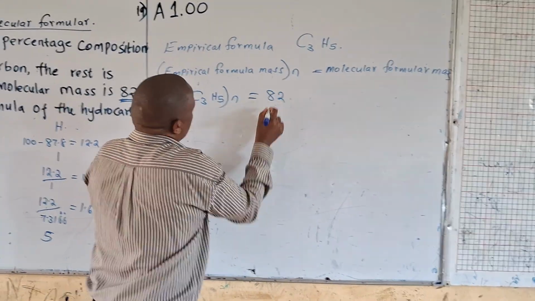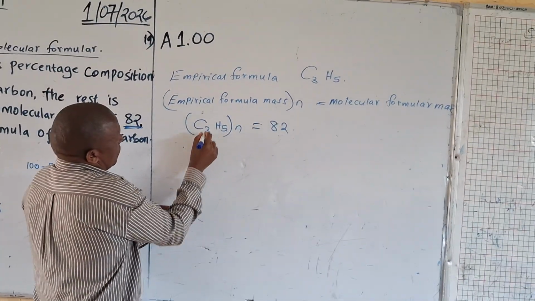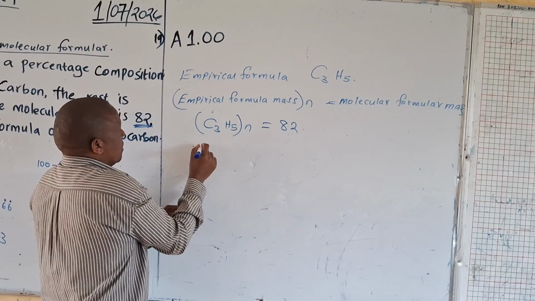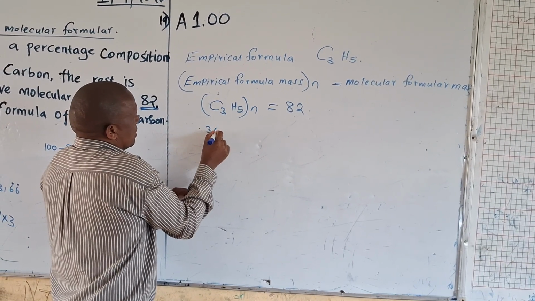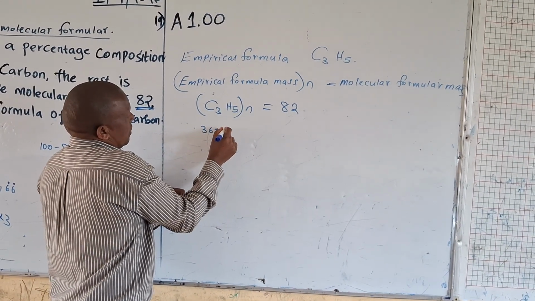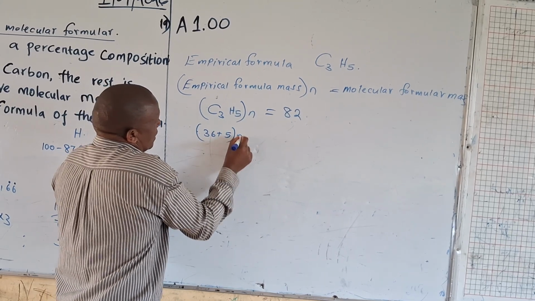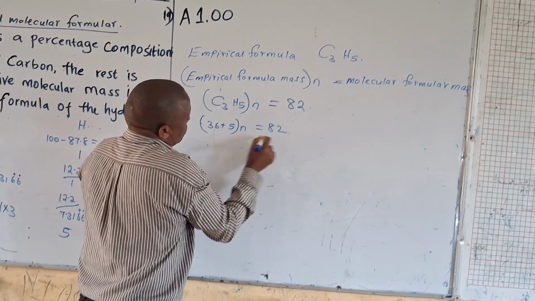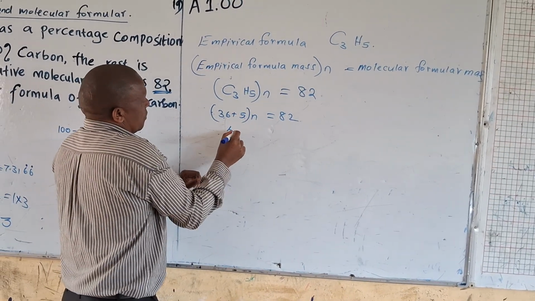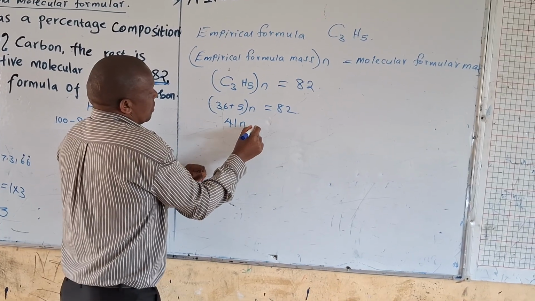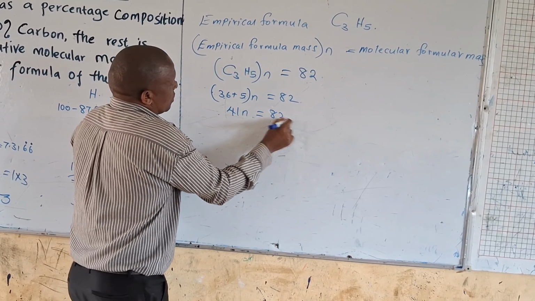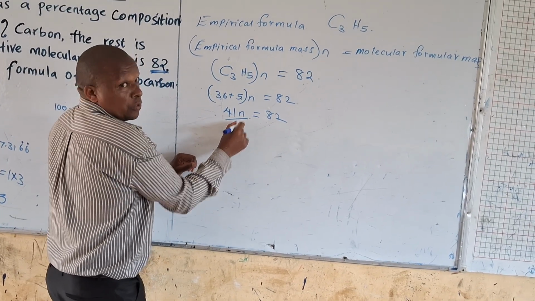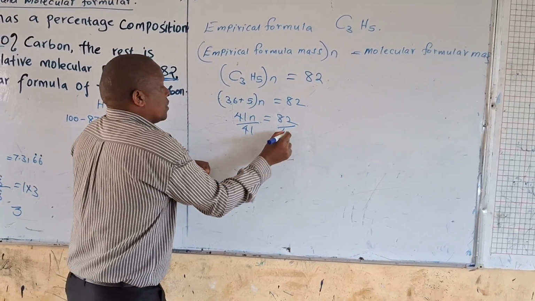So we have here 3 times 12, which is 36. 1 times 5, which is 5. All this times n should give us 82. 36 plus 5 is equal to 41, so 41n is equal to 82. We divide by 41, we divide by 41.